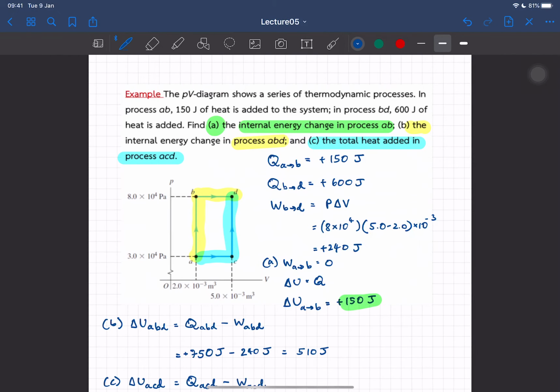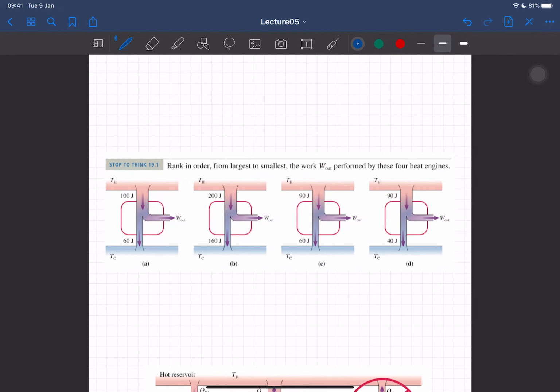Okay, so let's talk about the heat engine. So the heat engine, like we said last time, is just an engine that operates between two temperatures, right? And those two temperatures are kind of controlled or set by what we call the heat bath.